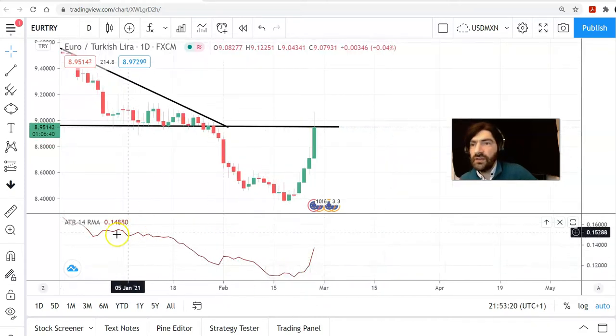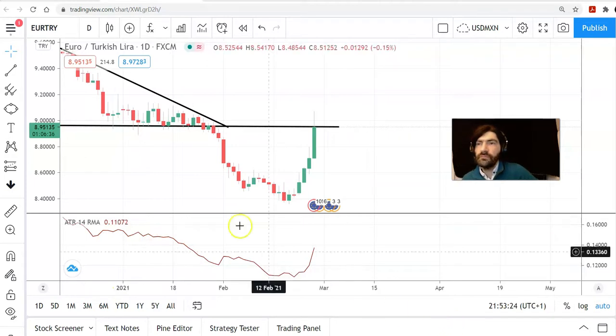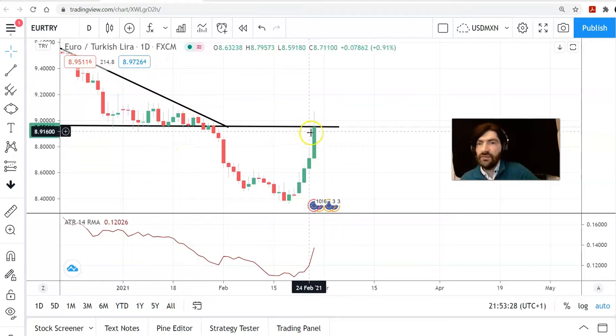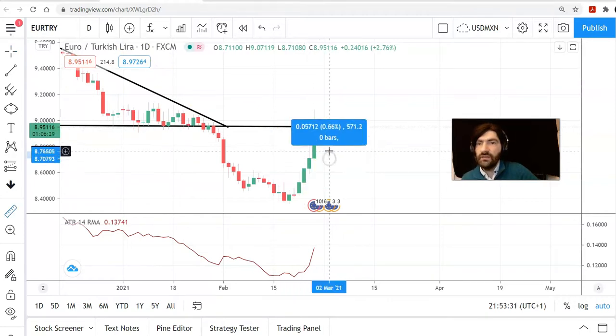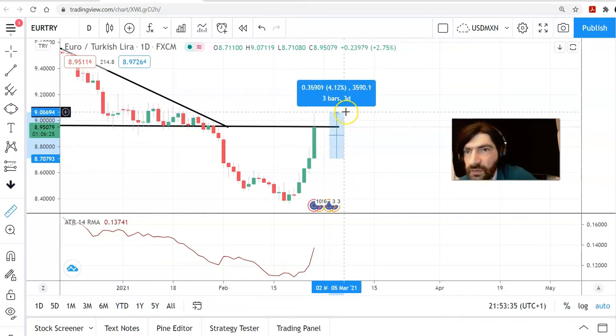So currently we're at, what is it, 1374. If we actually measured today's move and we did a shift and click, you'll see that it's not so far from the truth, because if you go up to the top of that wick, it's measuring 3549, and obviously that's the average that we see.